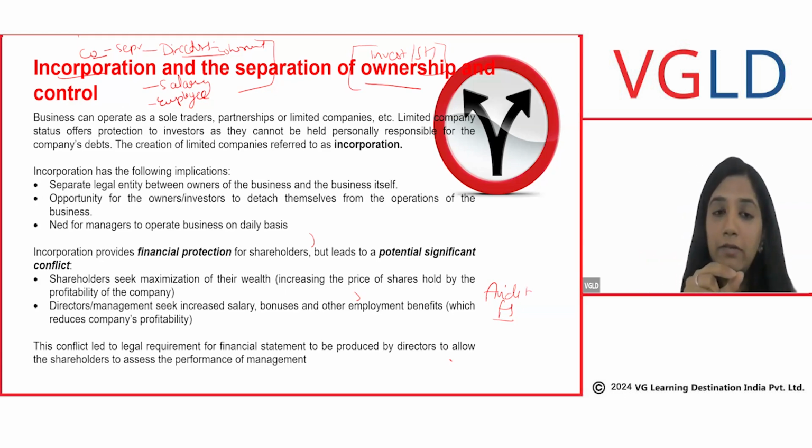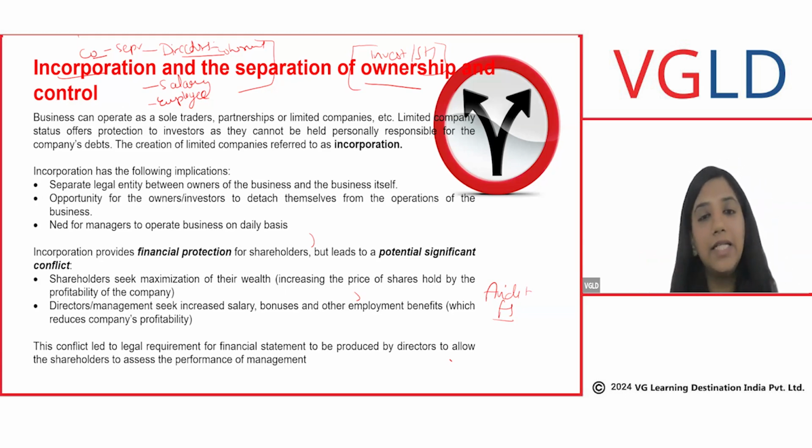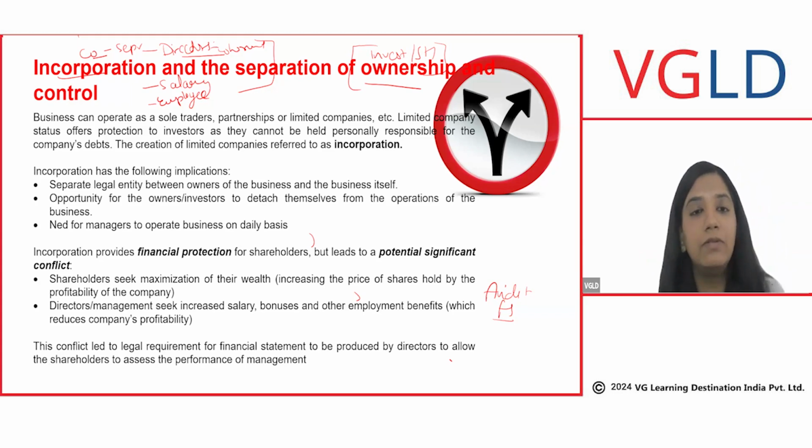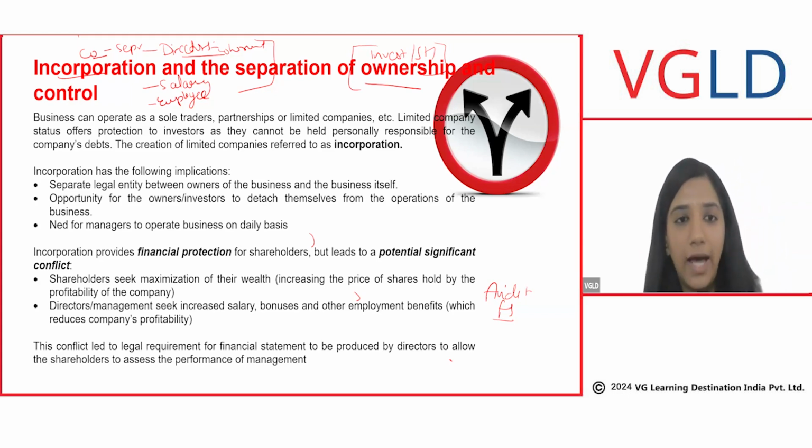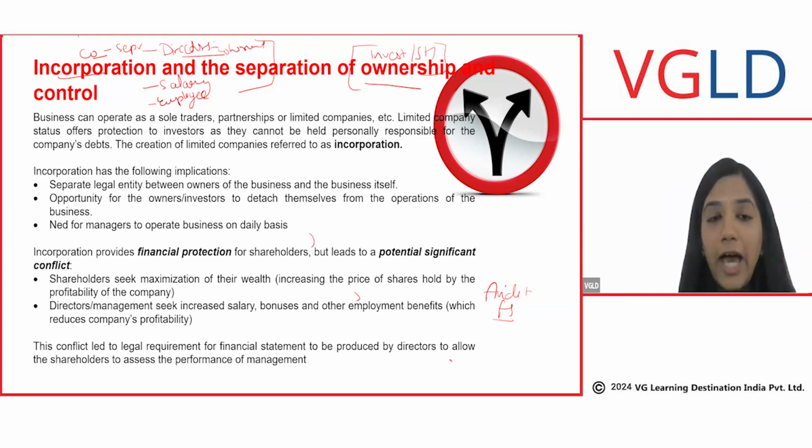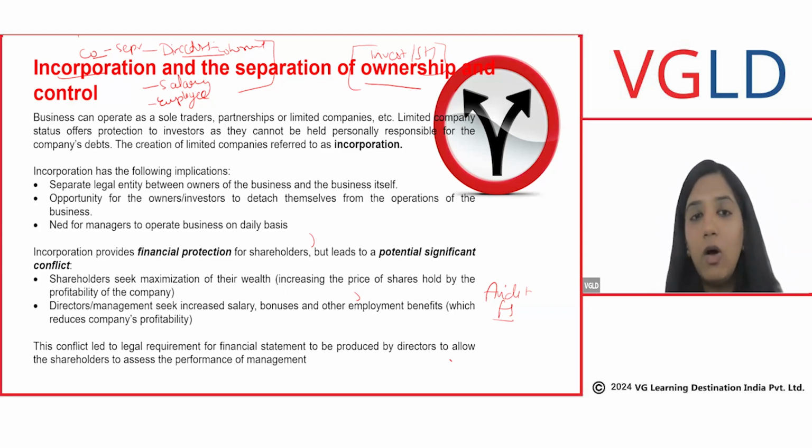A director would say that today my salary is say 50 lakhs, and next year I want it to go to 60 lakhs, right? But the shareholder will say no, if you draw 10 lakhs extra from my wealth, my share price will go down, my dividend will go down, right? So these people can end up fighting.